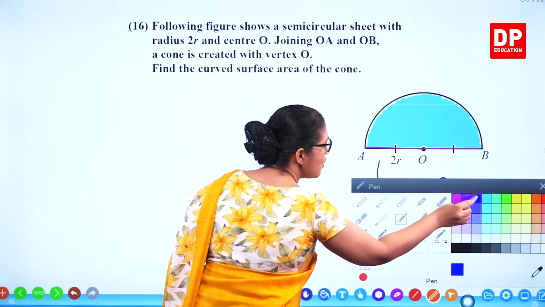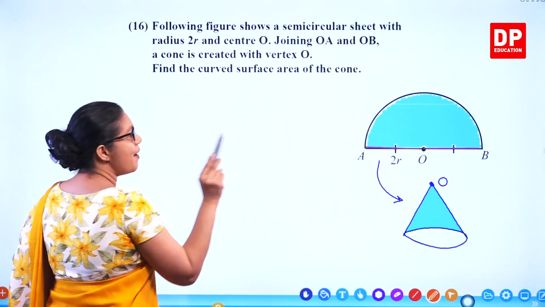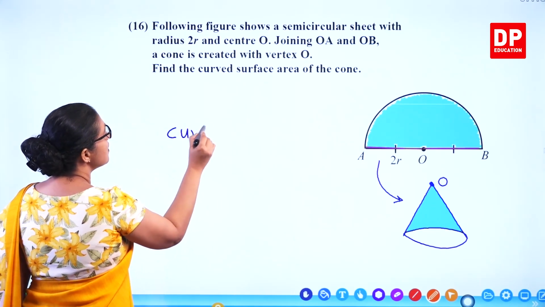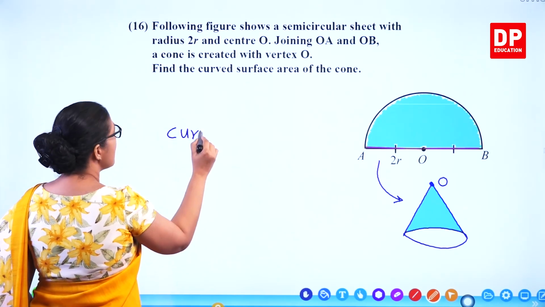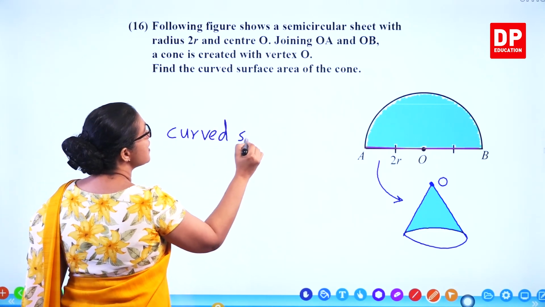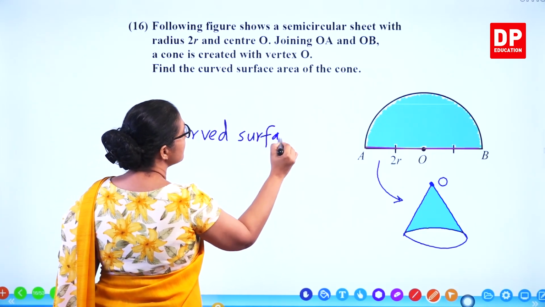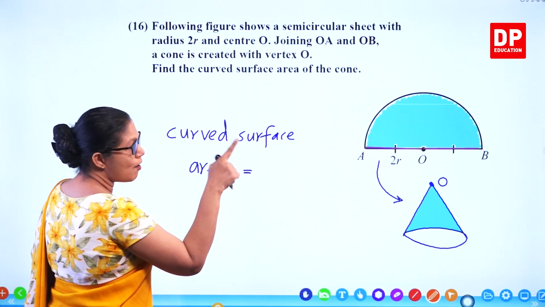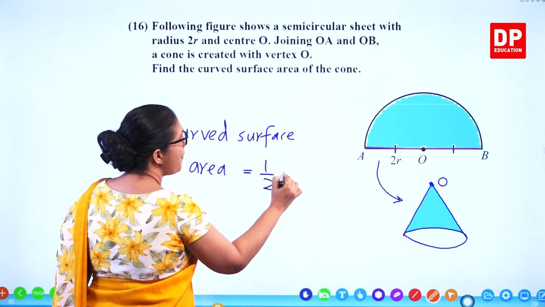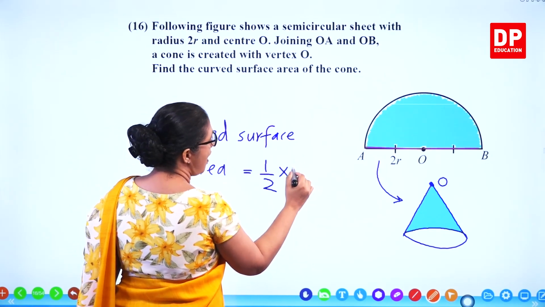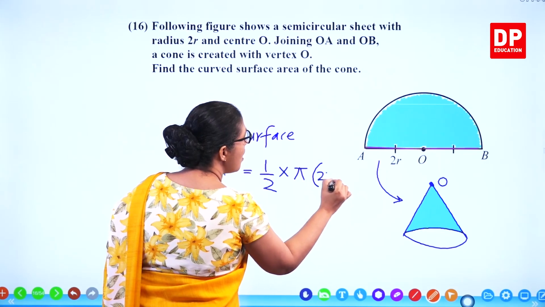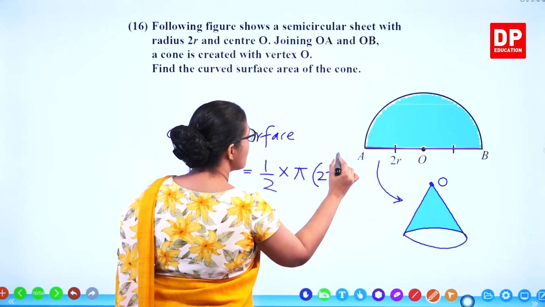So curved surface area becomes half, that's a semicircle, pi r squared. Here r is 2r, squared.